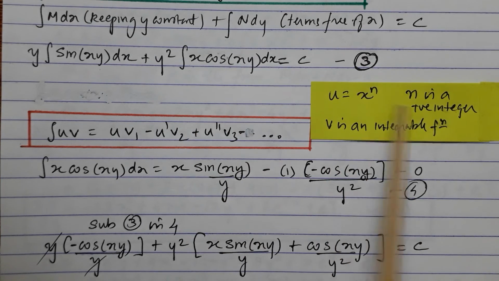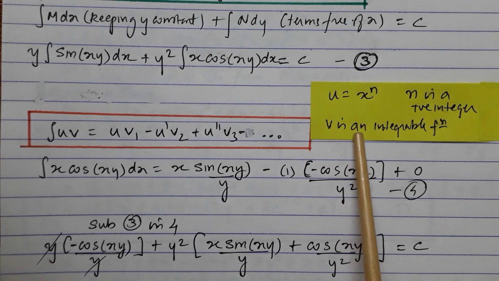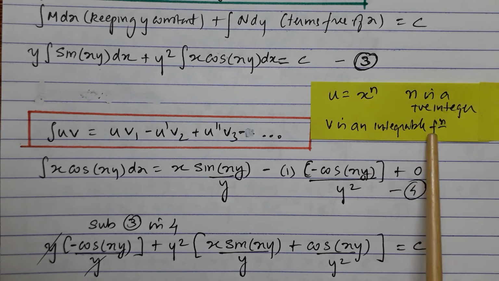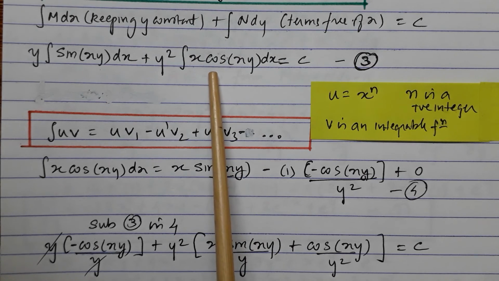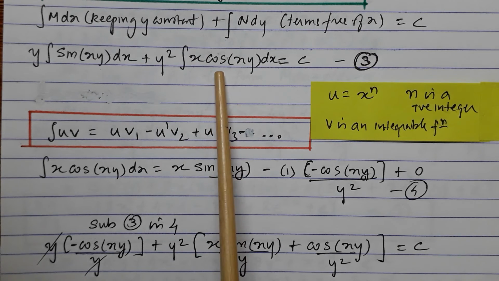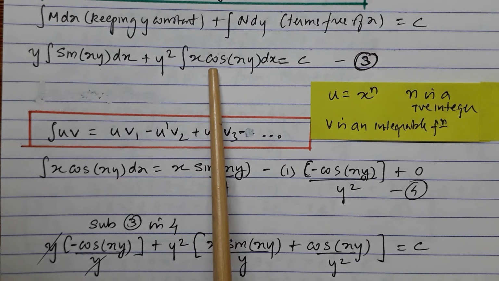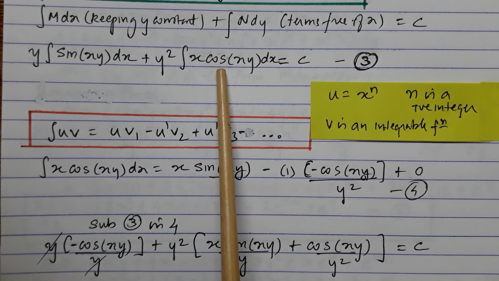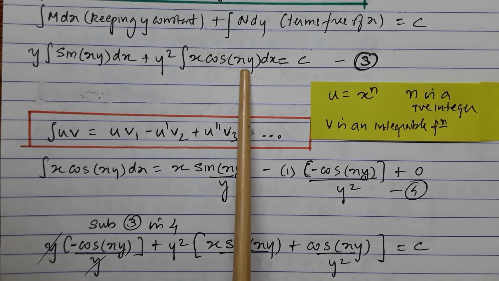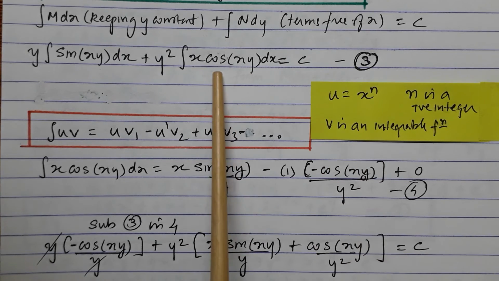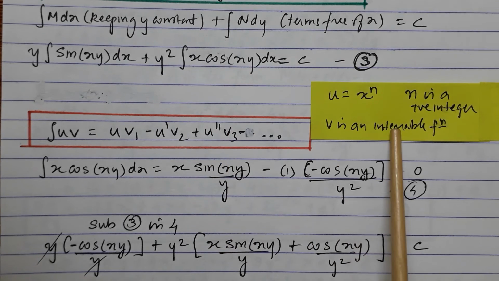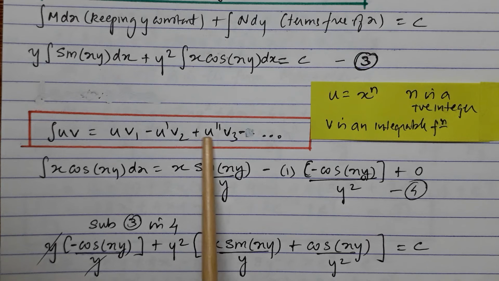So u fulfills the condition, and v has to be an integrable function. So cos xy is integrable because the integration of cos x is sin x. So even v fulfills the condition.